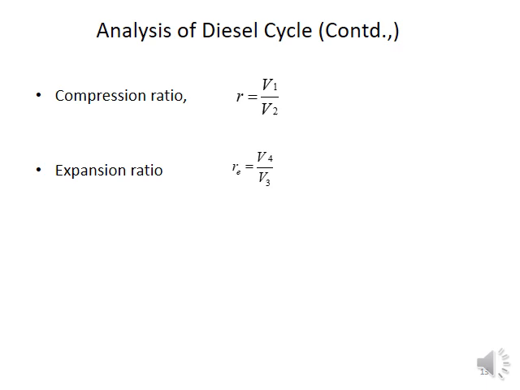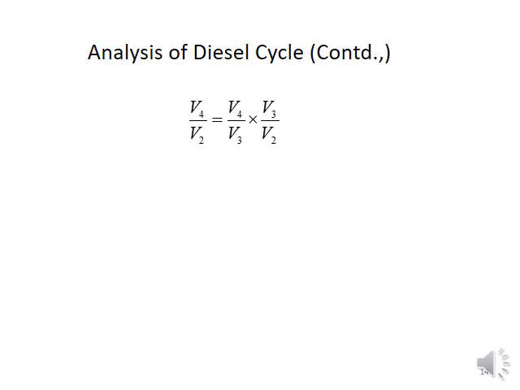Here the compression ratio r is V1 by V2, expansion ratio is V4 by V3 and cutoff ratio is V3 by V2. By using these three ratios, by simplification we can write rc is equal to re into rho.